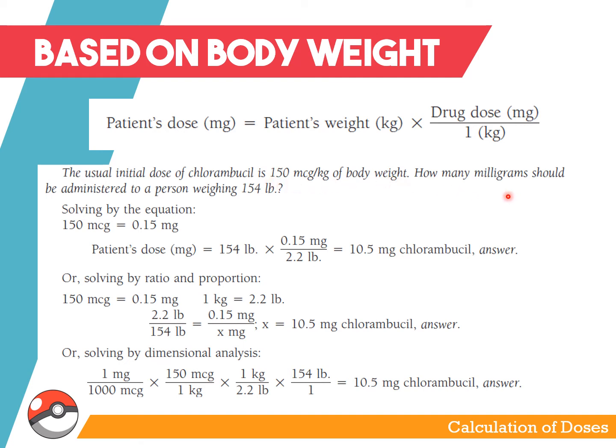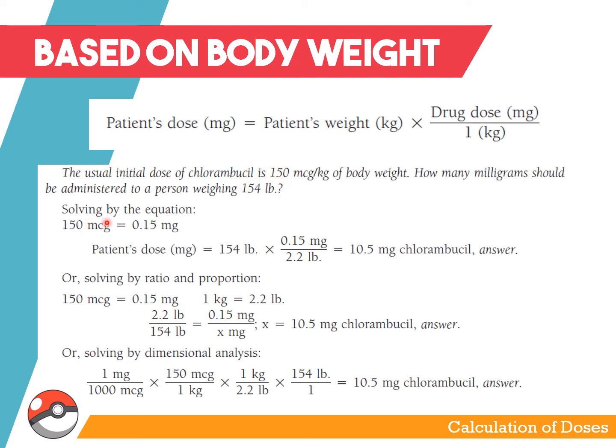How many milligrams should be administered to a person weighing 154 pounds? There are very unlike units here. First we have micrograms over kilogram, the required unit is milligrams, and the given unit is pounds. So the first thing we need to do is convert all of those to workable units.